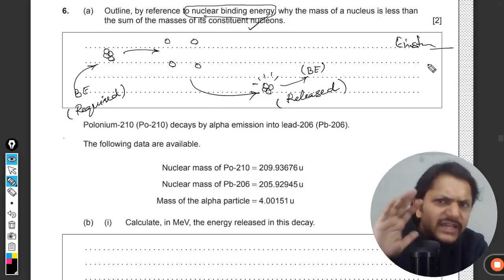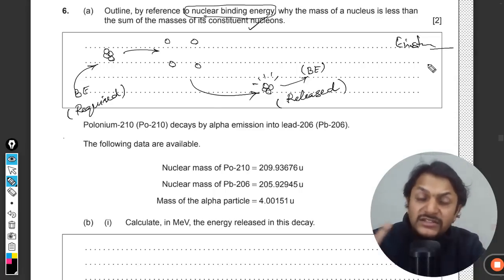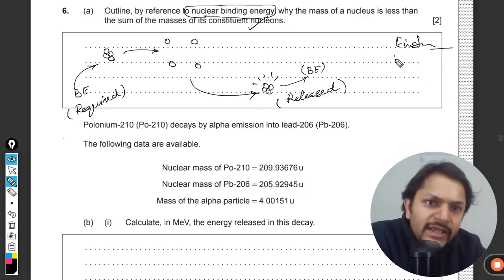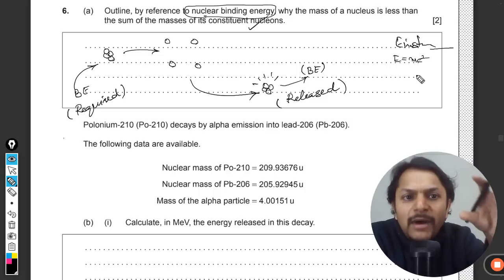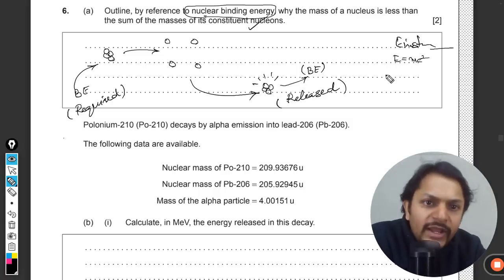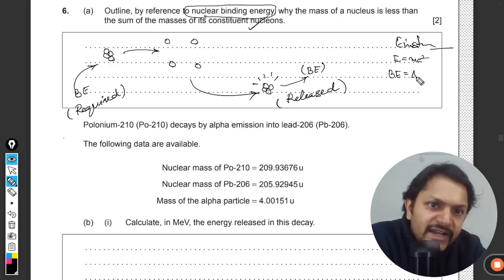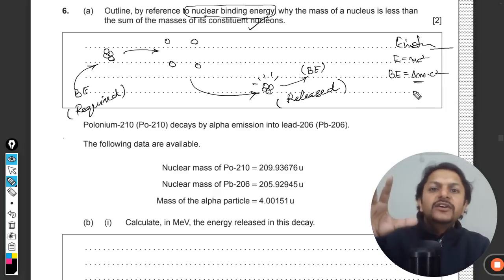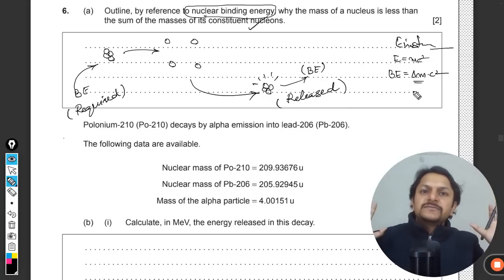A bit of energy is understandable, but a lot of energy is coming out. So he created this formula, E is equal to mc square. According to him, mass can be converted into energy. So this is the binding energy, which is delta m into c square. And he said that there is some mass which is lost during the process.